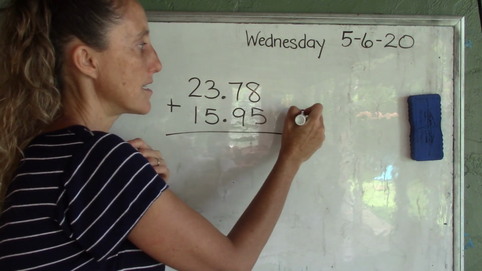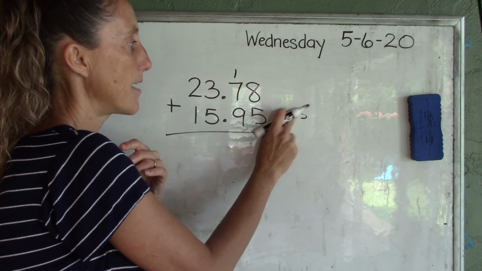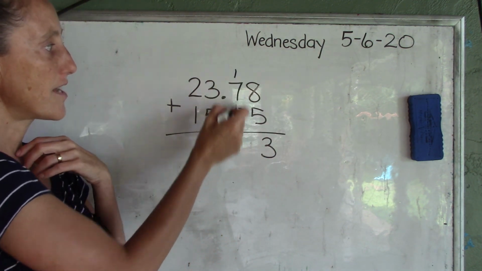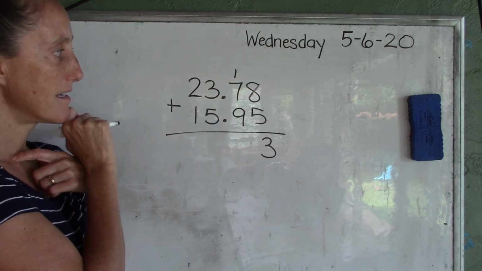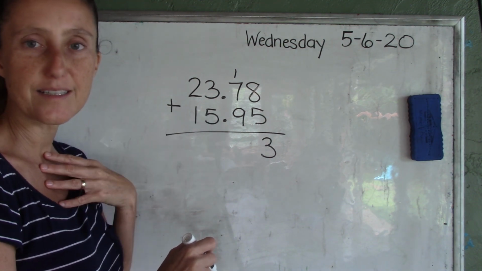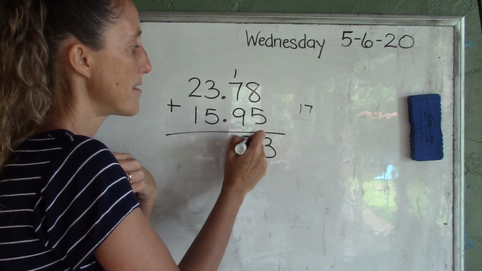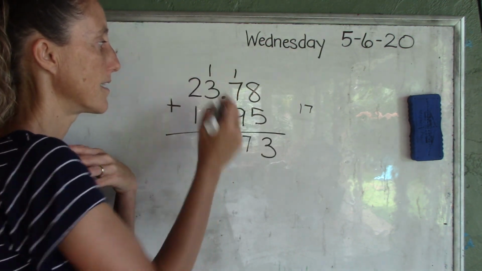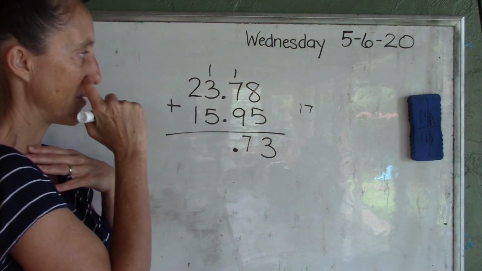And if 13 is a double digit number, we put the 3 on the bottom and the 1 up at the top. Okay, try to find 10. 9 plus 1 is 10. So then it'd be 10 plus 7. What is 10 plus 7 more? 17. So you're going to put the 7 on the bottom and the 1 goes back up here. Now when we have the decimals, we just bring down the decimal point, right?